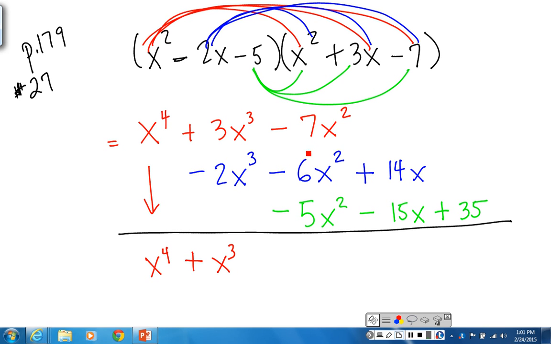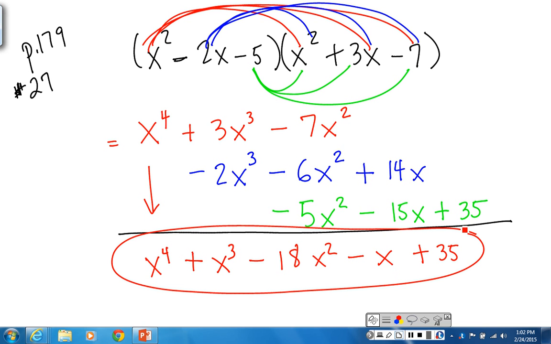Then we have negative 7 minus 6, negative 13 minus 5, negative 18x squared, 14x minus 15x, negative 1x, we'll write negative x, and we're going to drop our positive 35. So this is your answer for that first problem.